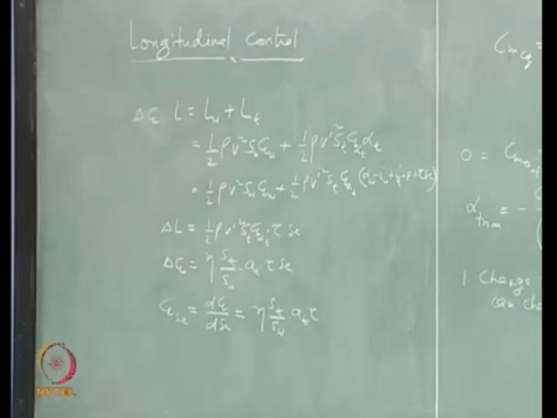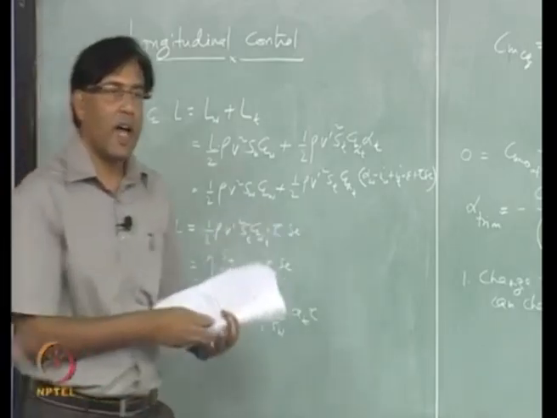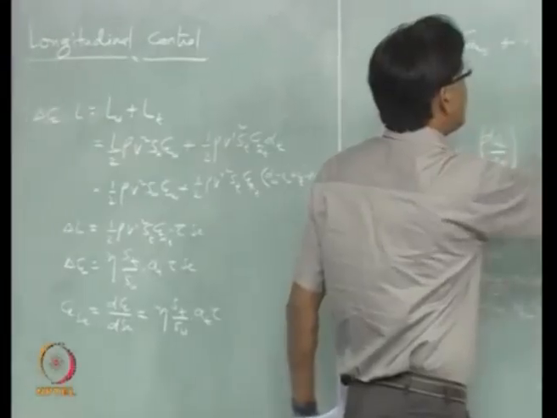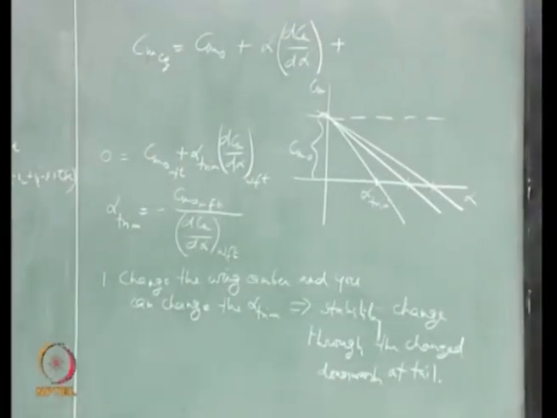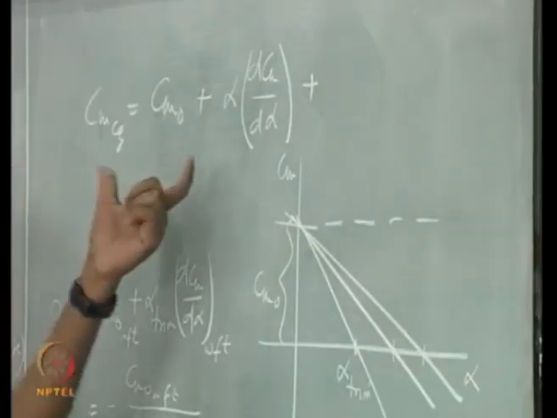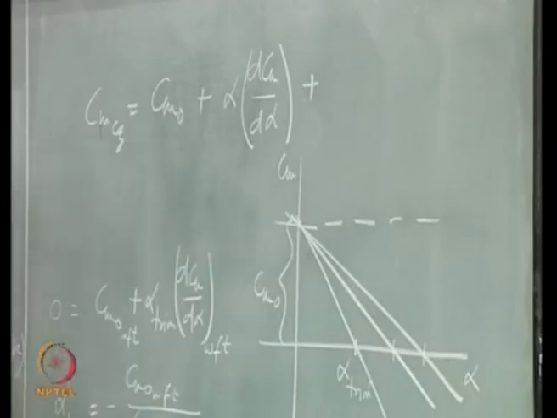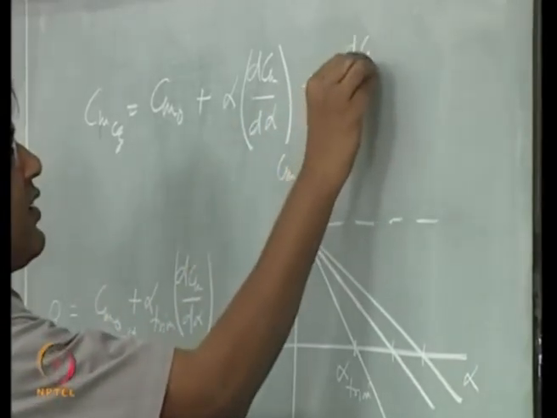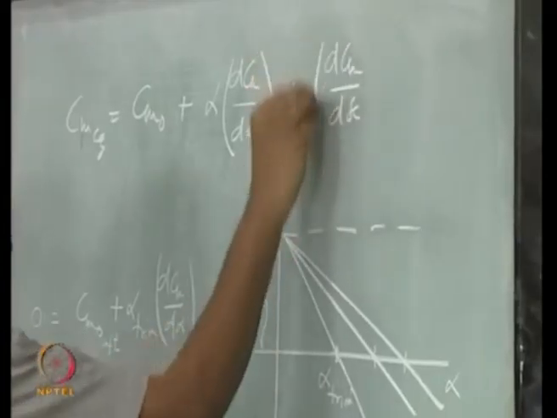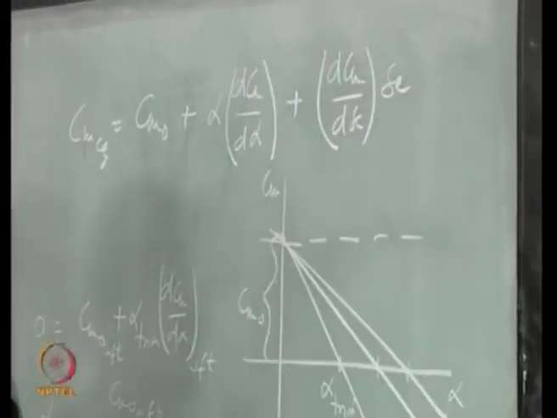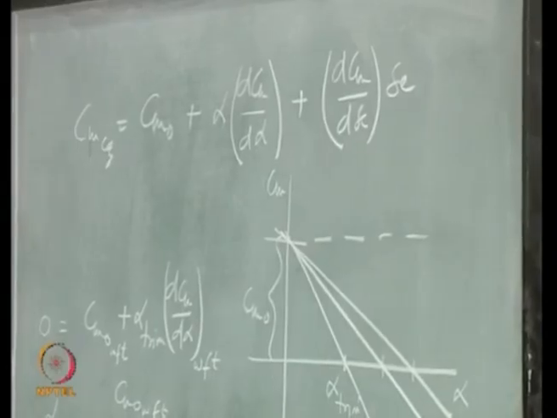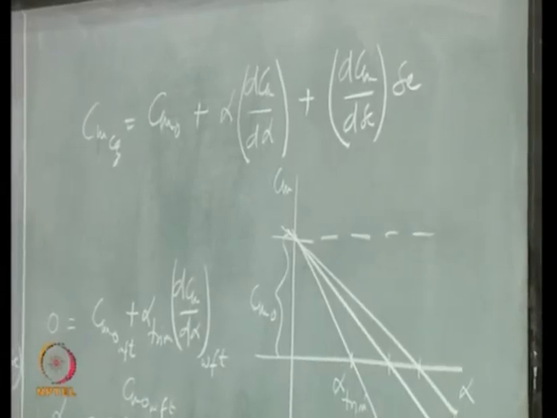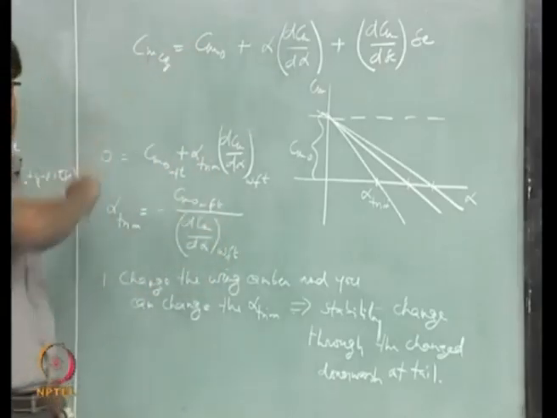Okay. So, what are we doing finally? We are actually adding a term here which was not there when elevator is not there. When elevator is 0, then I get this. When I add the elevator, what I get is, right, this is the new expression for the CMCG.